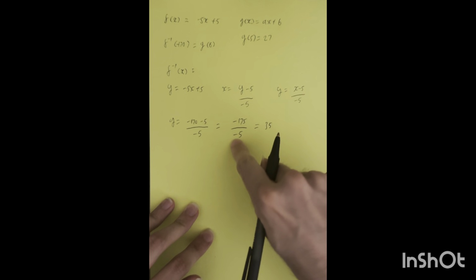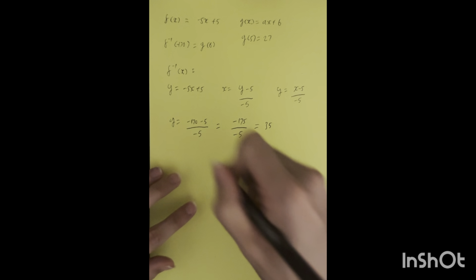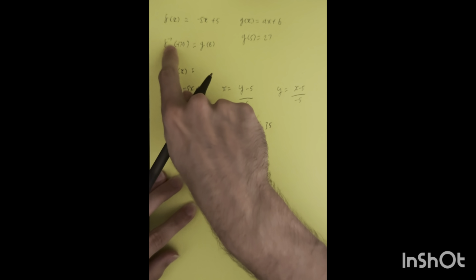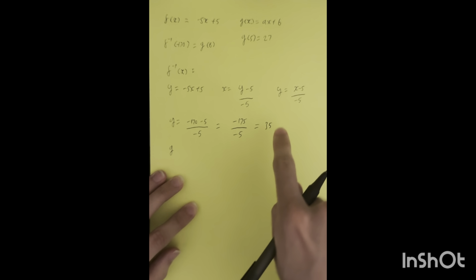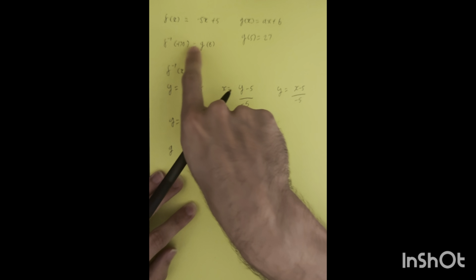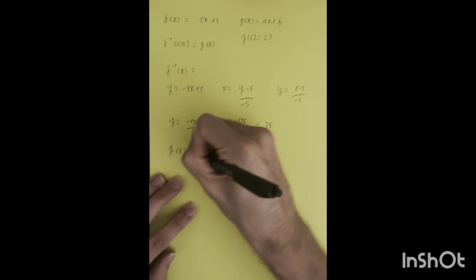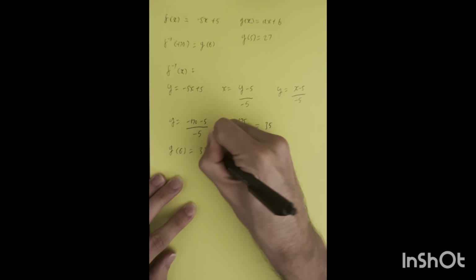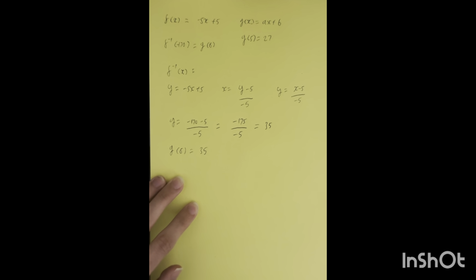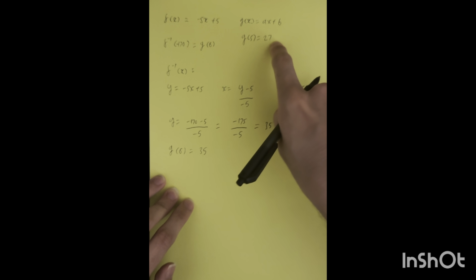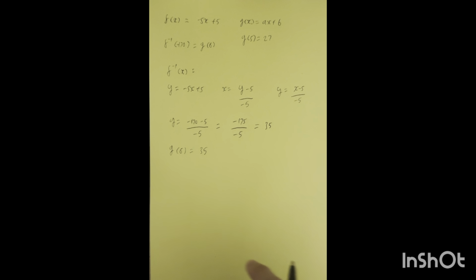Remember, a negative over a negative equals a positive. So f minus 1 of minus 170 is 35, and that's equal to g of 6. So g of 6 equals 35. Now we're given that g of 5 equals 27 and g of 6 equals 35.